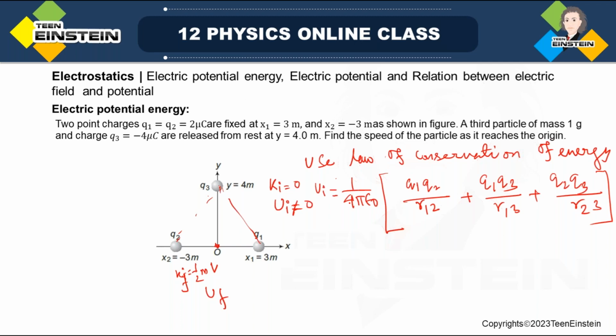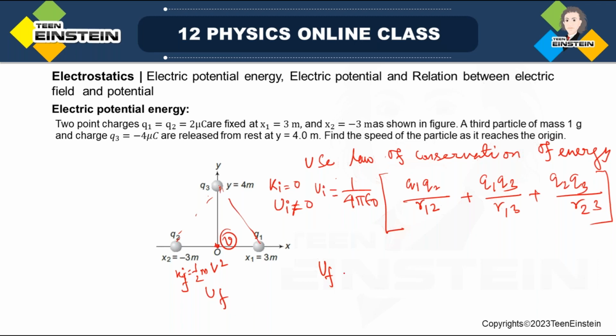Okay, we can calculate if we want, but anyway we will first write what it is. If the velocity of the particle is v, then the kinetic energy is half mv square.